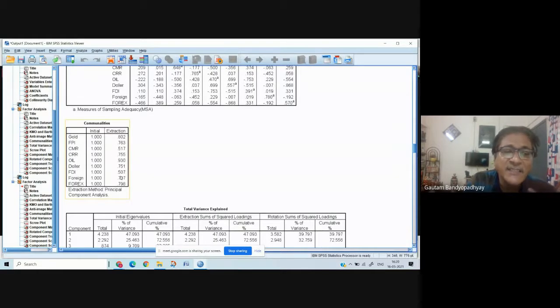So easily you can discard these two variables initially, but I'm telling you to go one by one, because when you start your research, don't remove more than one variable at a time. So first of all, we remove one variable from the anti-image, that is for the KMO, and another variable I remove from the communalities. But when you check, the two conditions are satisfied. FDI here is 0.567. Not only that, if you check the anti-image, FDI is also less. So this is a very interesting part.